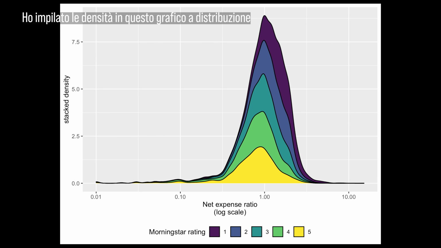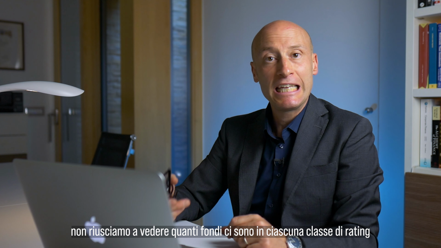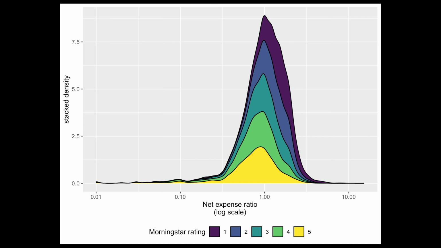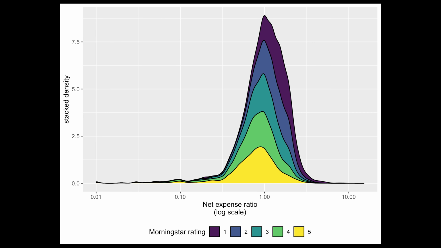I've stacked the densities in this distribution plot, and by using this type of chart, we don't see how many funds there are in each rating class. We can only see that there seems to be a negative relationship between the rating and the net expense ratio.